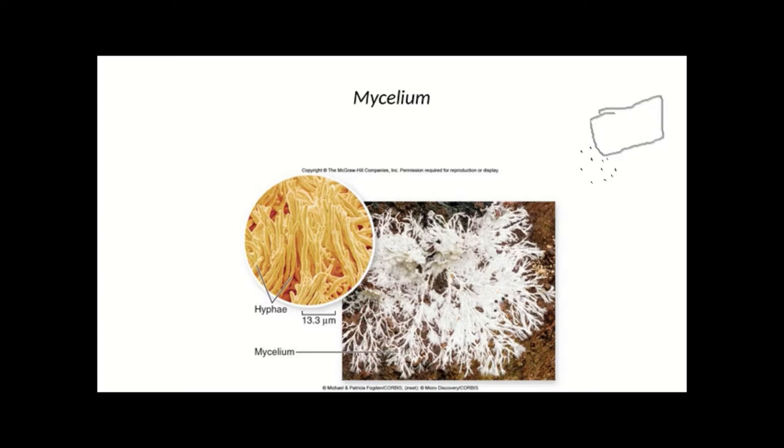So instead of pulling the food inside to digest it, they send out the stuff to digest it, and then they pull it back into their cell after it's digested. So they first digest outside and then ingest it. So it's kind of neat in that way. They do it the opposite of what we think of. We actually first ingest, we take it in, and then we digest it in our system.